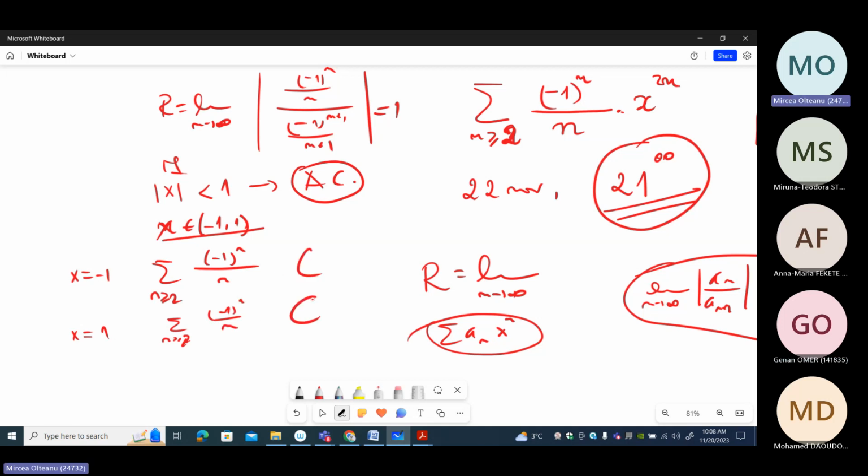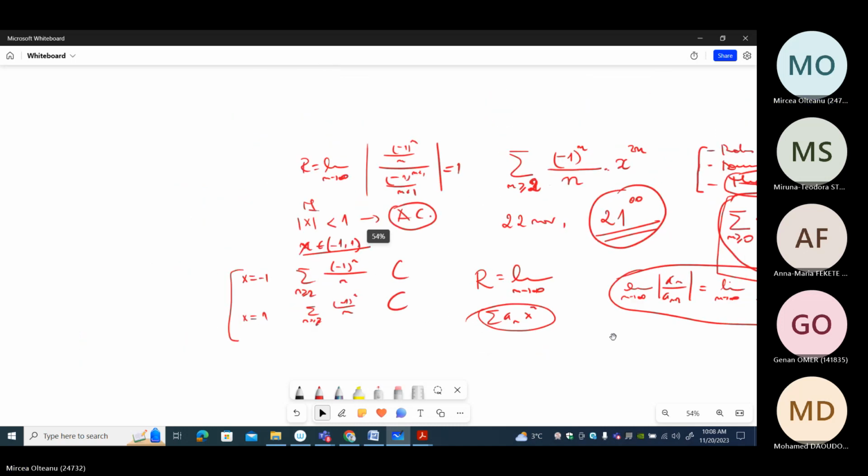So actually they are both convergent, at -1 and at 1. So the domain of convergence will be the closed interval [-1, 1], because at both ends of the interval, we obtain a convergent series of numbers.